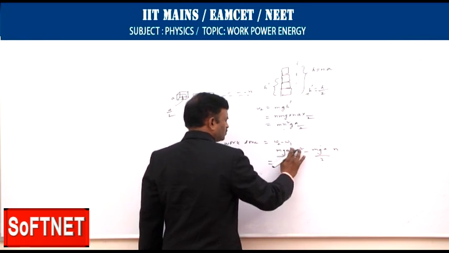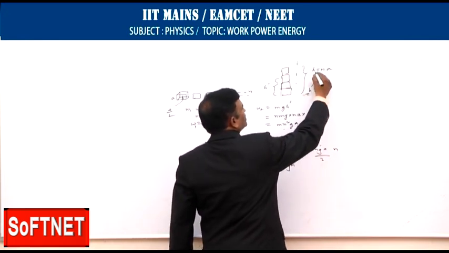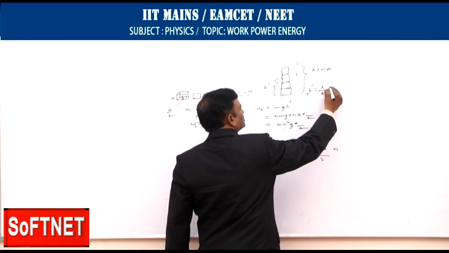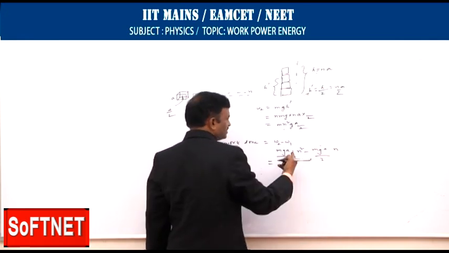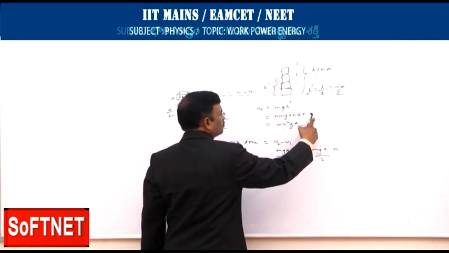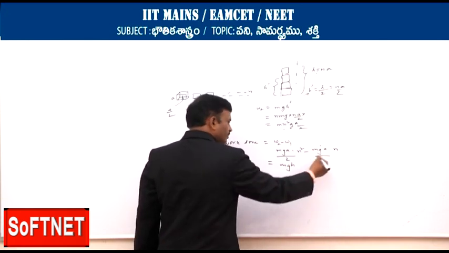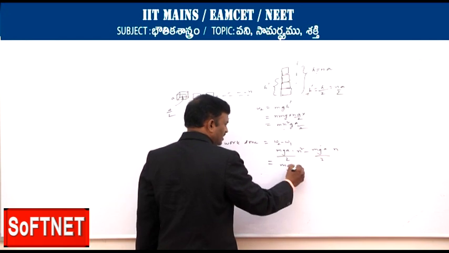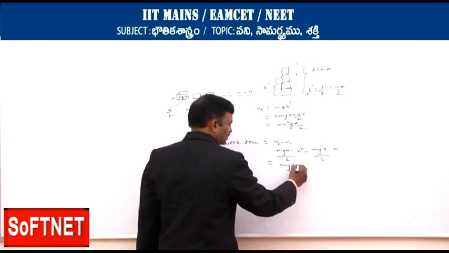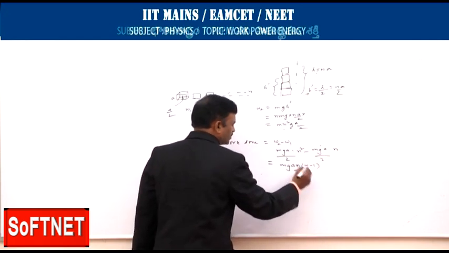Here also h won't be here because h is na and h dash is na by 2. So that is the reason we take na by 2 only. Here n square a by 2, then mga into n minus 1 by 2.